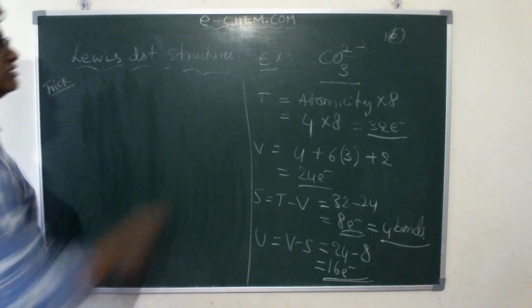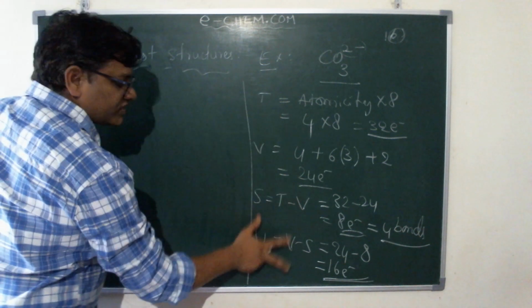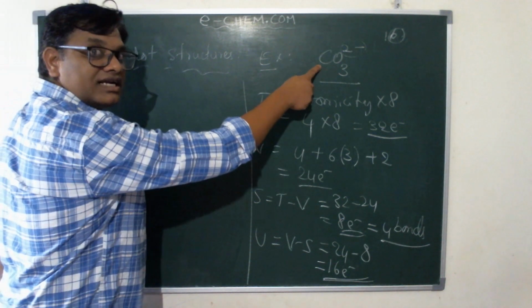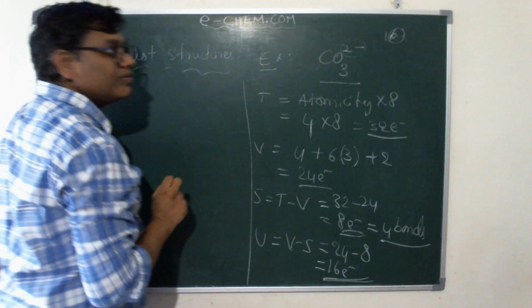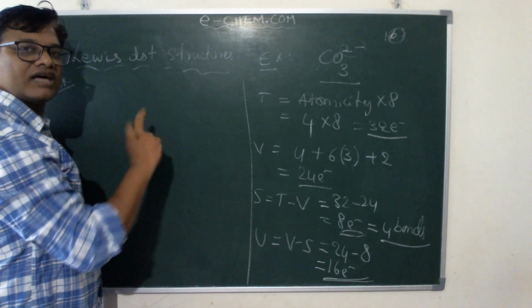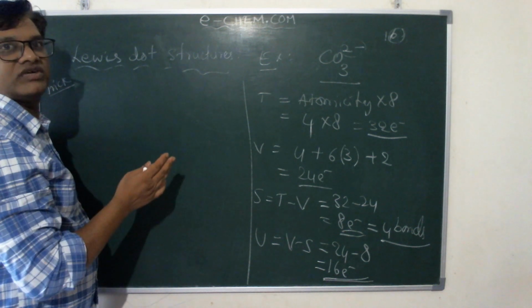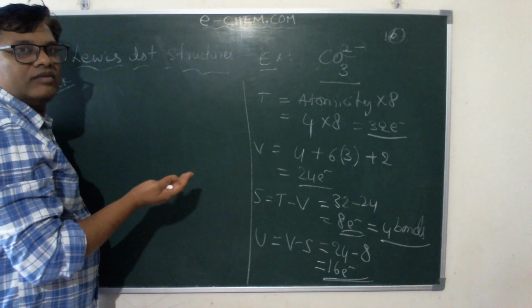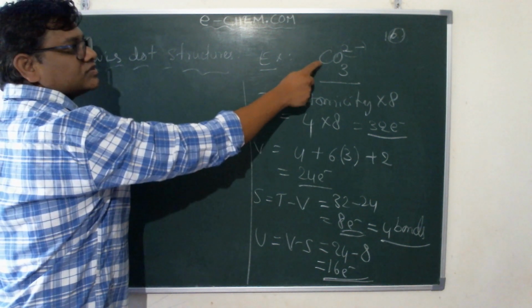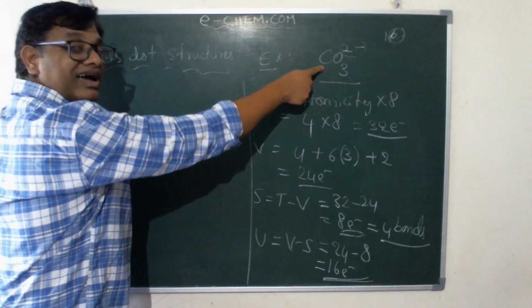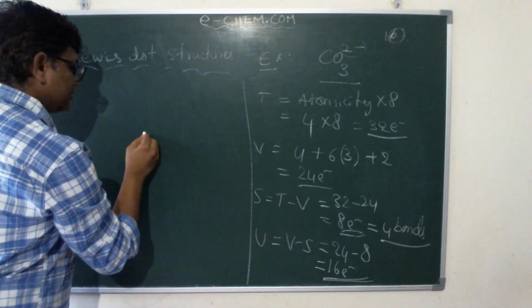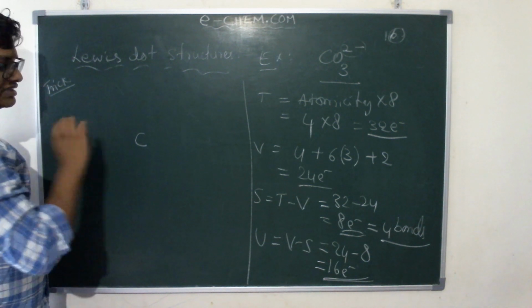So for carbonate, after the data is taken, you need to identify which is the central atom. Most probably the central atom is identified with electronegativity or electropositivity. The most electropositive element or lesser electronegative atom is the central atom. Carbon is the more electropositive atom, so it is taken as the central atom.